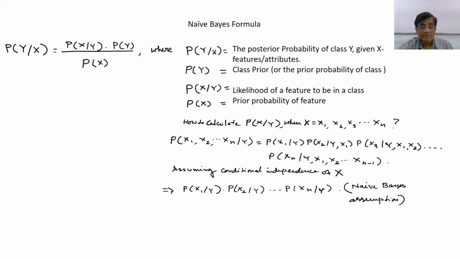P(y) is known as the class prior, or the prior probability of the class. Then P(x given y) is called the likelihood of a feature x belonging to a class y, and P(x) is the prior probability of the feature.